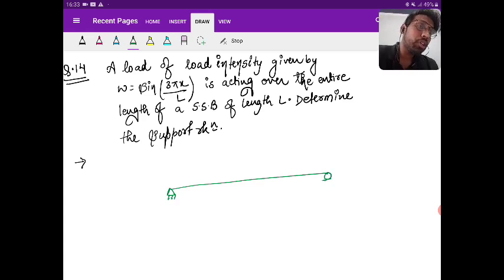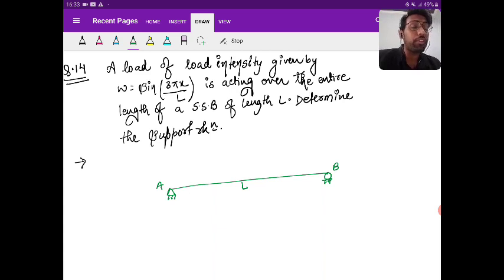Okay, so the beam, let us say AB, is of length L, and it is subjected to the loading of sine 3 pi x by L, that is acting over the entire length of AB. The sine function will move 3 pi radian.